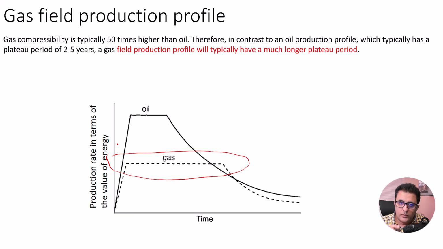But I mentioned that the calorific value of oil is much higher than gas. So in terms of the energy that we produce, or maybe the revenue that we may make from an oil reservoir, in a short period of time we may produce much higher energy compared to a gas reservoir that we produce over a much longer period of time. And that's something that makes gas different from an oil reservoir.